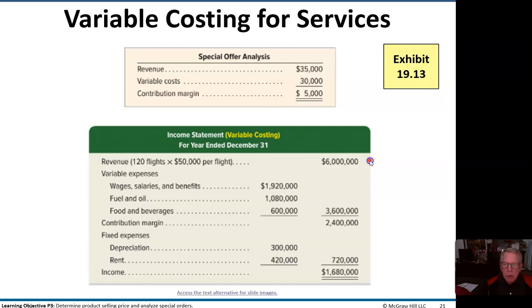So we have $6 million in revenue here. But our wages, fuel and oil, food and beverage total $3.6 million. So our contribution margin is $2.4 million. But we have some depreciation and some rent. It's fixed expenses, for $720,000. That gives us income of $1,680,000.